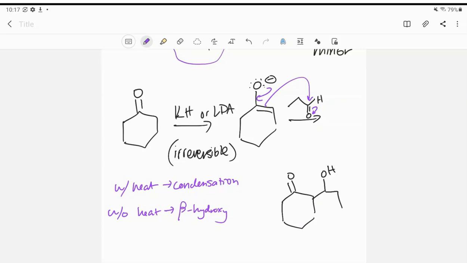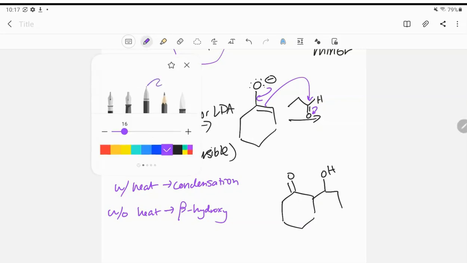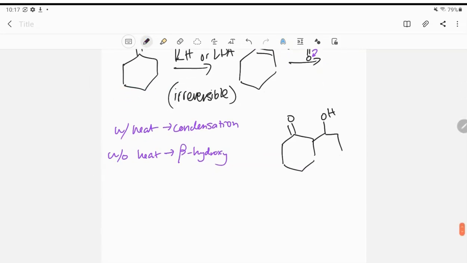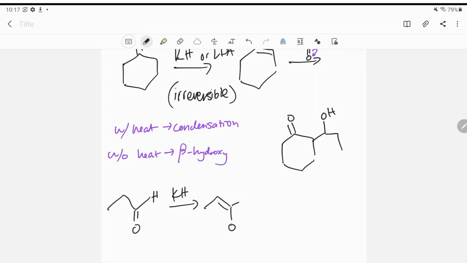We could do that. We would just change the order of steps. We would put our aldehyde in first. We would put our KH in, or LDA, either one. You make your enolate, and now you add in your electrophile.